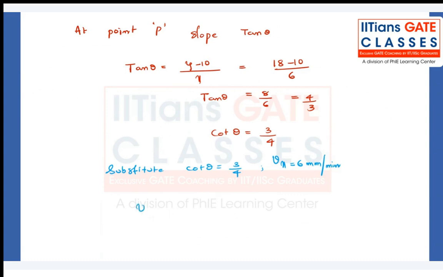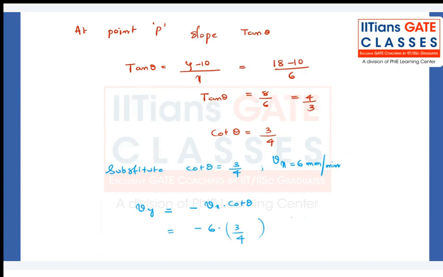Now what is our equation? vy is equal to minus vx into cot theta, that is what we have discussed. Now let's write minus 6 into 3 by 4.